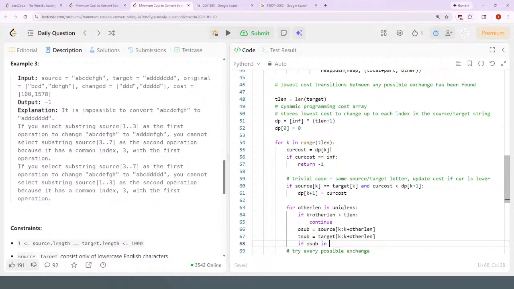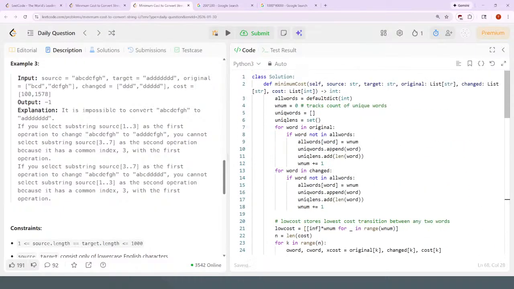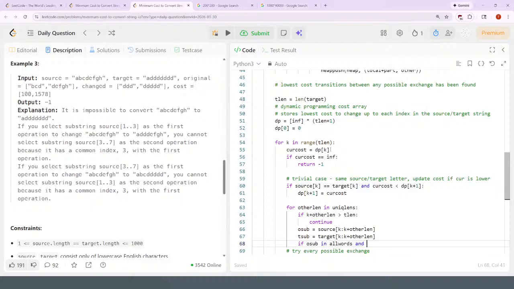If O sub is in all words and T sub is in all words, and there does transition below cost.